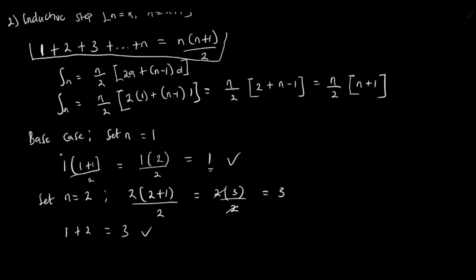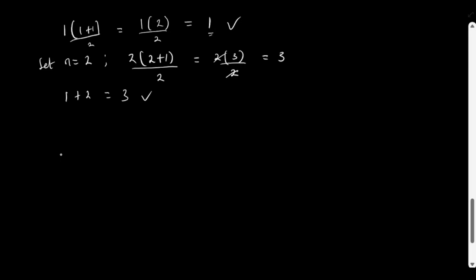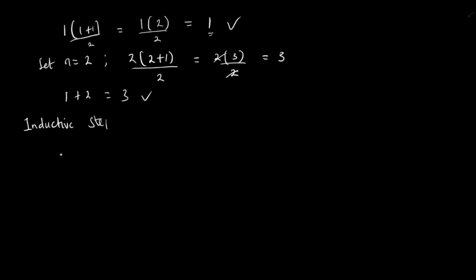So let's go to the second step, which is the inductive step. In this step, we are to assume that the statement is true for n equals k. Then we prove it for n equals k plus 1. So let's do it.